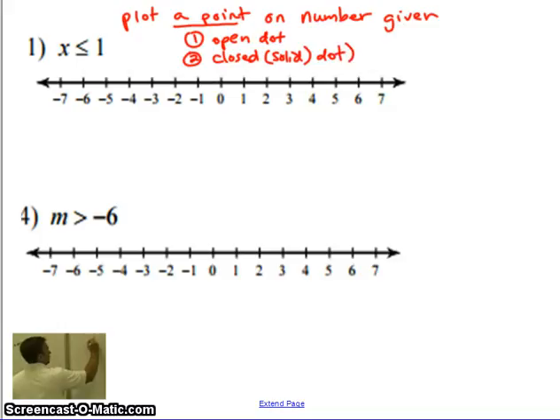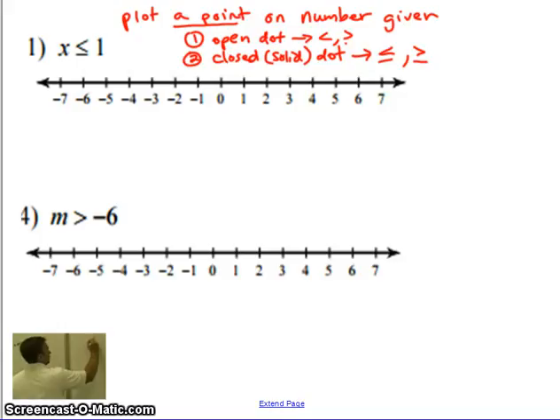The difference being, if it's an open dot, it does not include the number. We'll look at that in a minute. Open dot means it's less than or greater than, not equal to. A closed dot means it's less than or equal to or greater than or equal to the number. It includes that number.